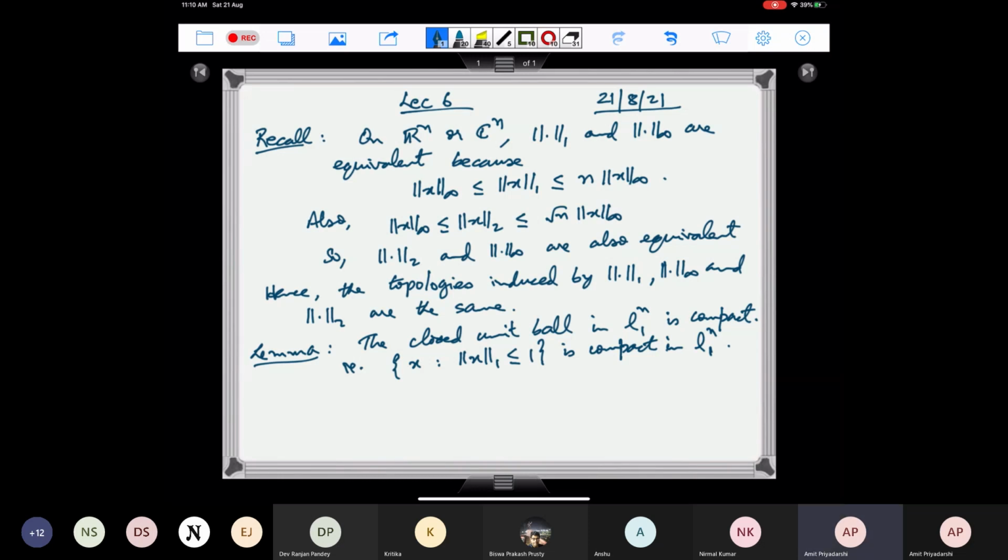And what do we know in the Euclidean norm? A subset is compact if and only if it is closed and bounded. So if this is a closed and bounded set in the Euclidean space, then it has to be compact.